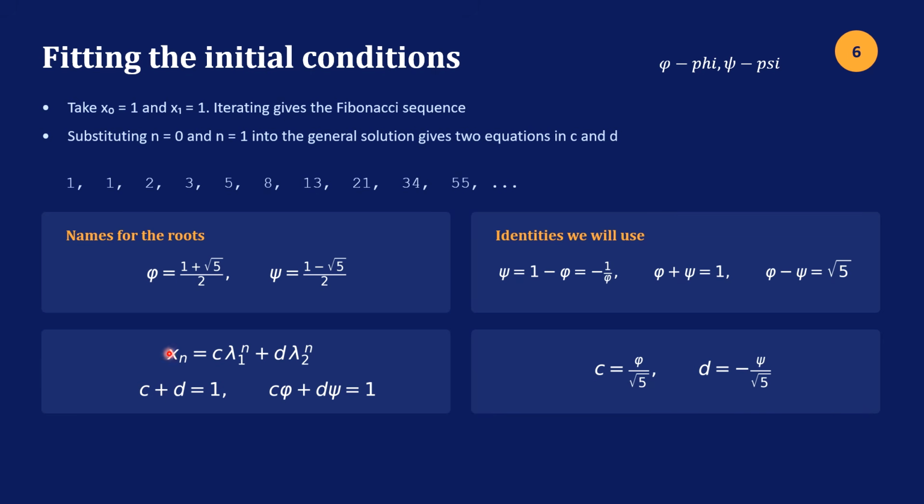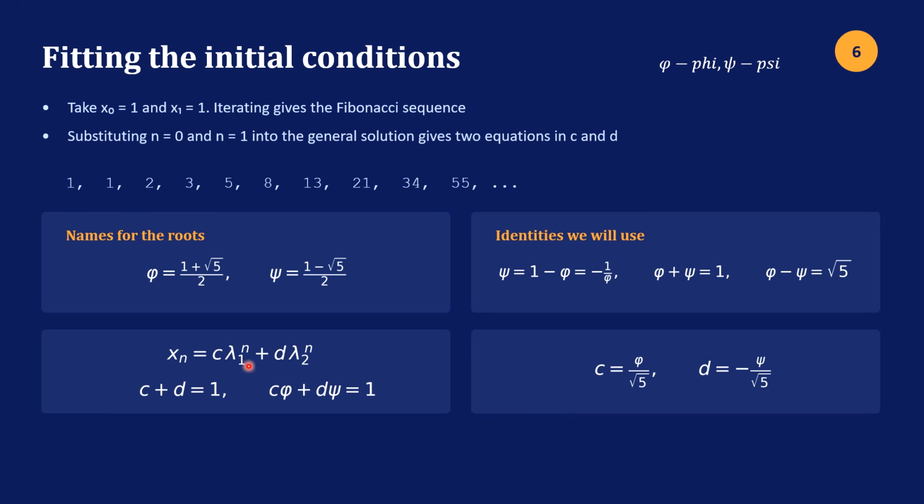Okay, so we have our general solution, and then we're told these two initial values. We put in 0 for n, x sub 0 is 1, and you just get c plus d equals 1. Then you put in 1 for n, x sub 1 is 1, and you get 1 here and 1 here.